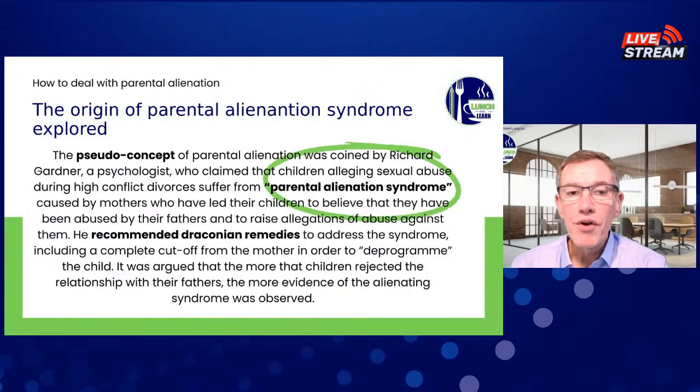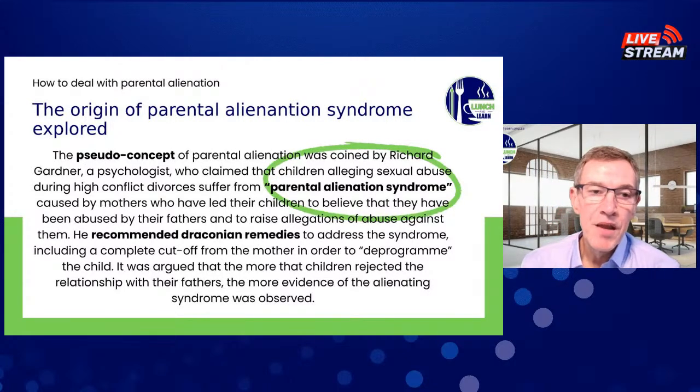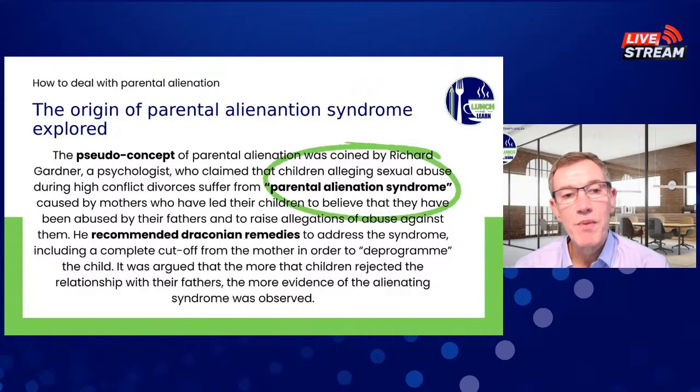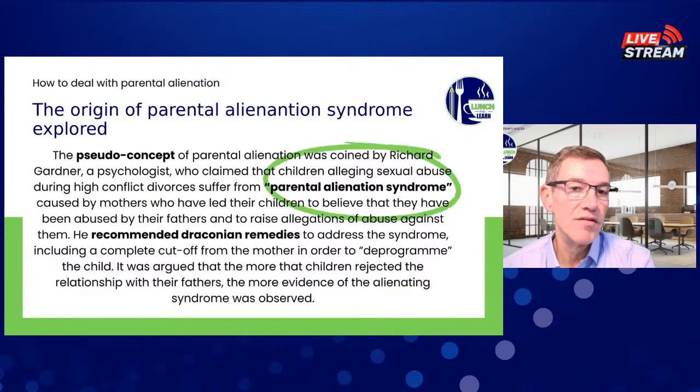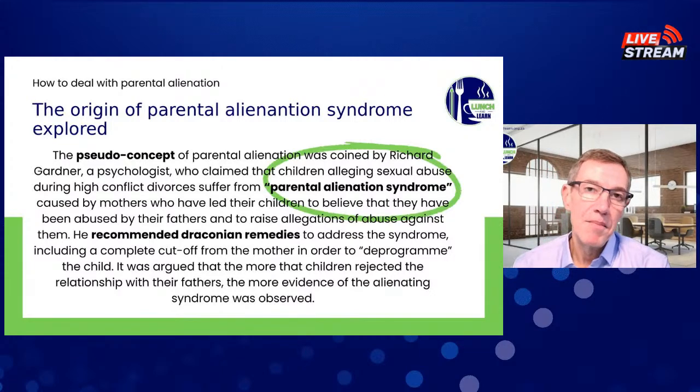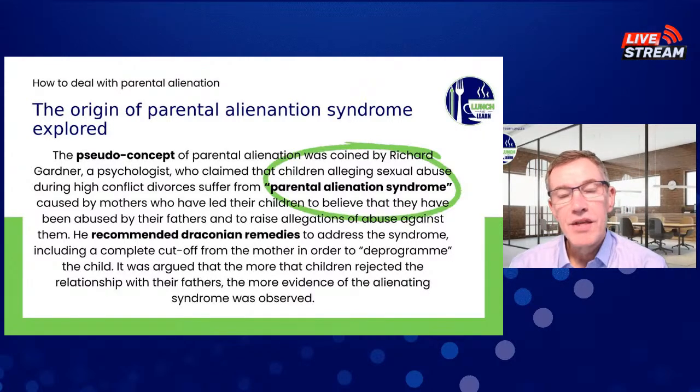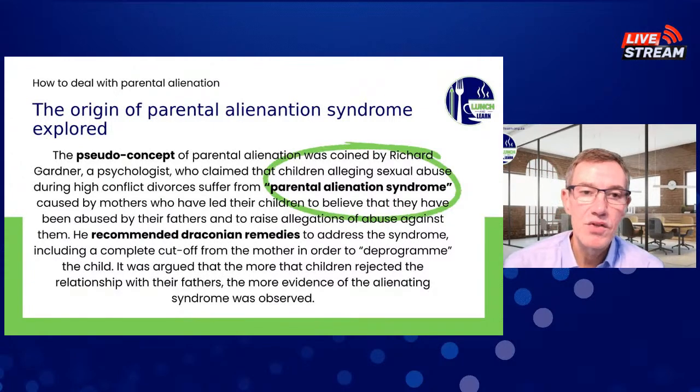He was well renowned for working with sexual abuse cases, and he coined the term parental alienation syndrome, where he said that it was specifically caused by mothers who have led their children to believe that they have been abused by the fathers, and then raise allegations of sexual abuse against the father. And he recommended some draconian remedies of cutting off the parent in order to treat this form of parental alienation syndrome.